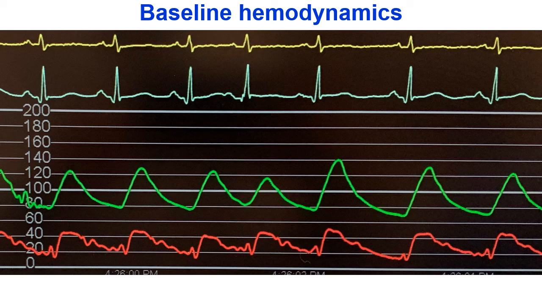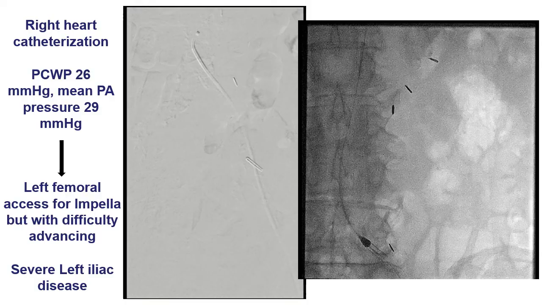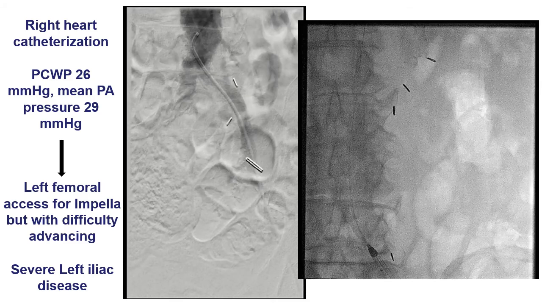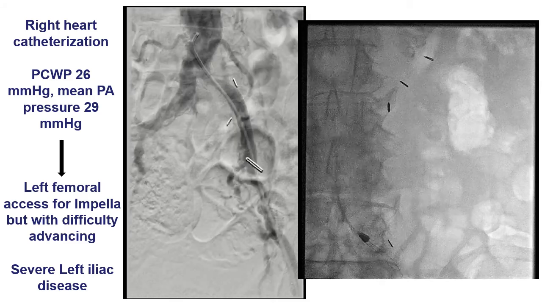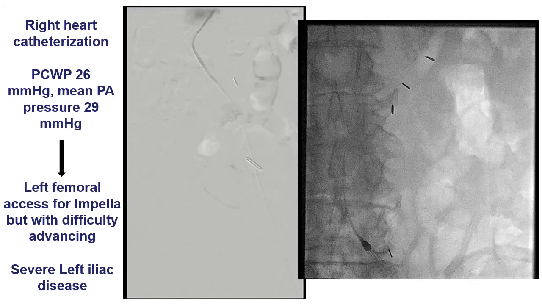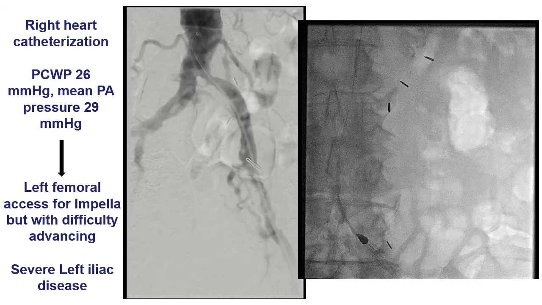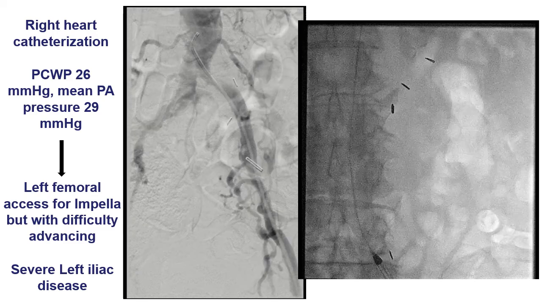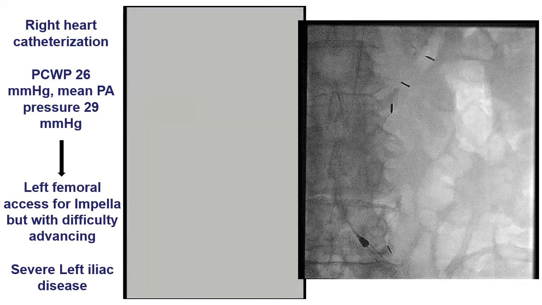His mean PA pressure was around 29, but his wedge was 26. So we decided that we would use hemodynamic support with Impella.